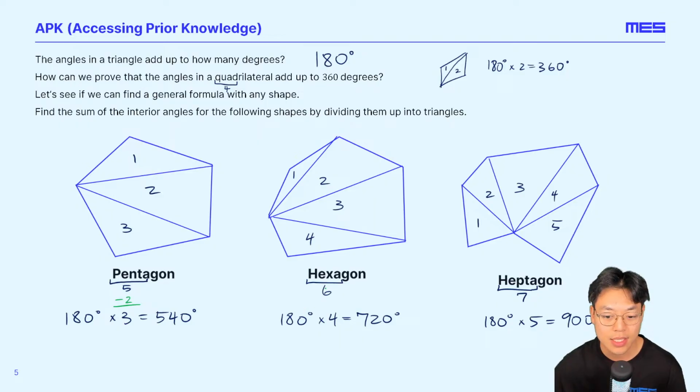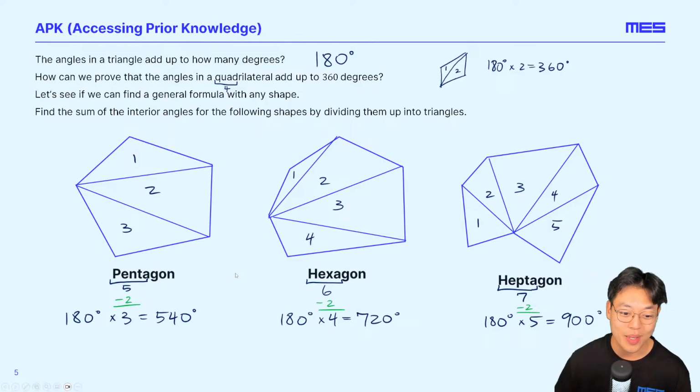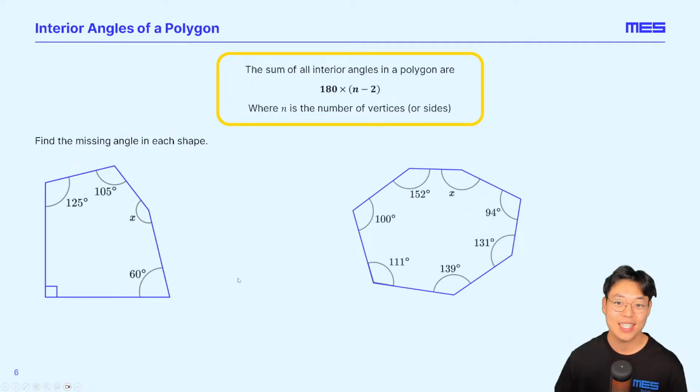Well, let's take a look at this 6 and 4. Again, we notice we subtracted 2. With 7 and 5, again, we notice we subtracted 2. So the equation that we now have is this equation. The sum of all interior angles in a polygon is 180 times (n minus 2), where n stands for the number of vertices or sides.